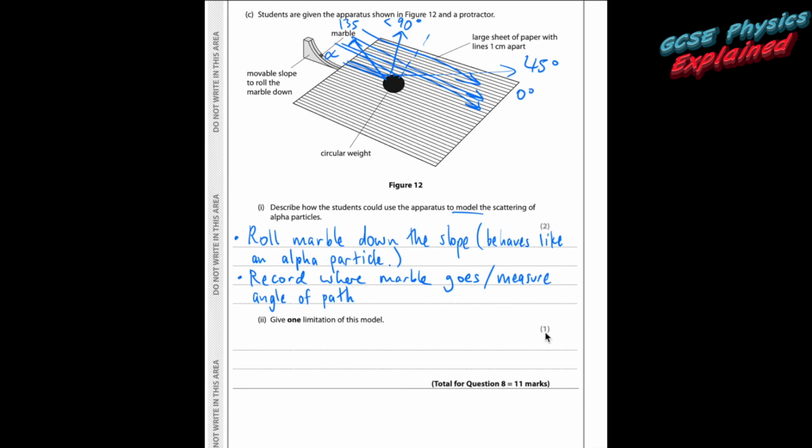Now it's only worth 1 mark. There's tons of stuff you could say, but I think the best thing to say is that the marble doesn't actually have a charge, like the alpha would, and the weight doesn't have a charge, like the nucleus would.